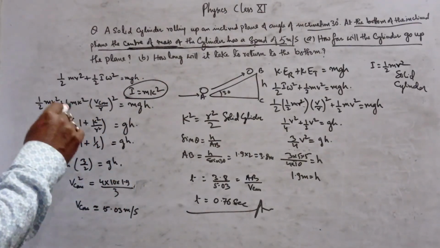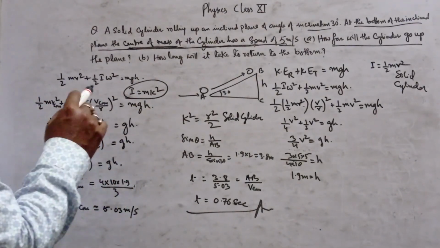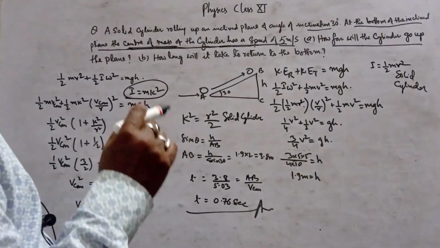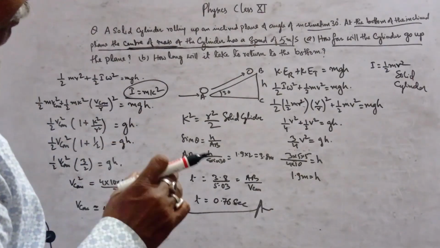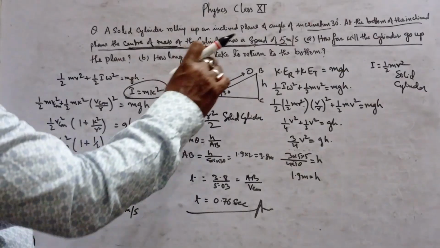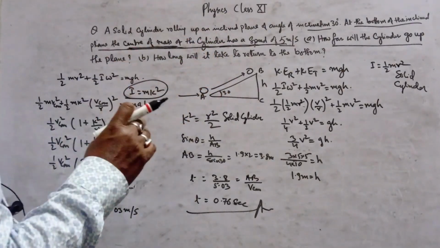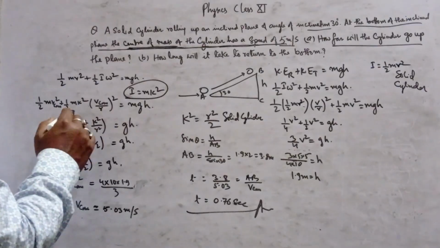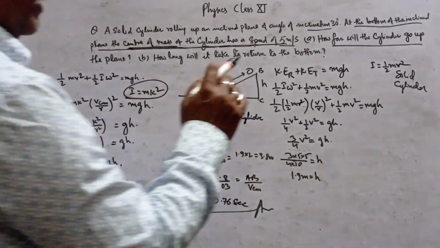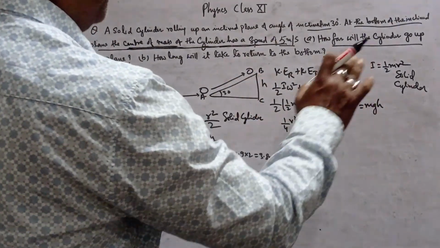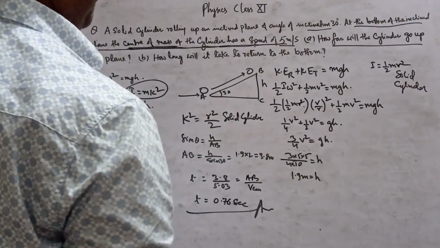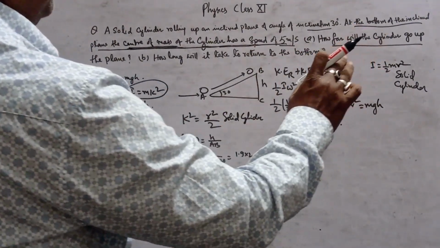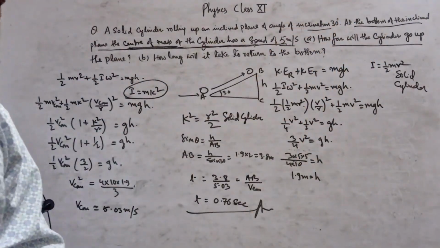you are taking the radius of gyration, which is given in your textbook, for the total kinetic energy when there is rotational as well as translational motion. But in the upward case, it is a plane, and the velocity, the speed at which it is moving upward, is given to you.